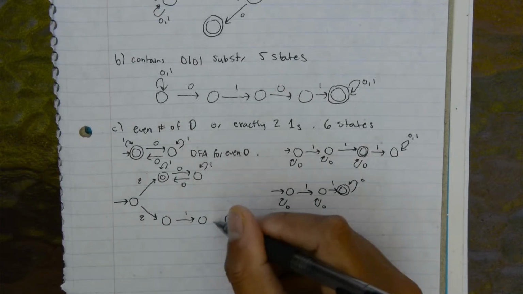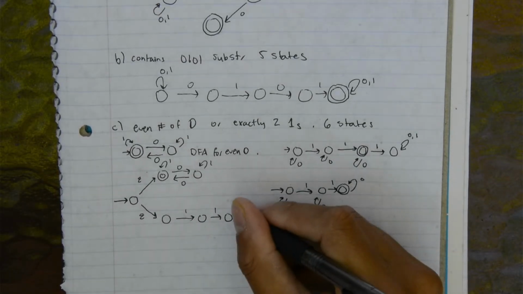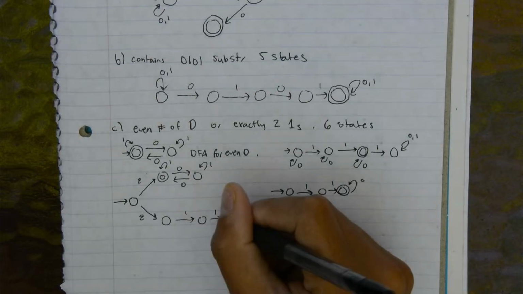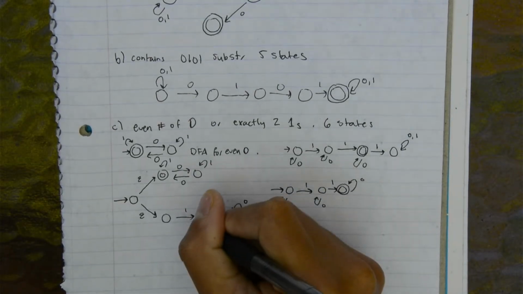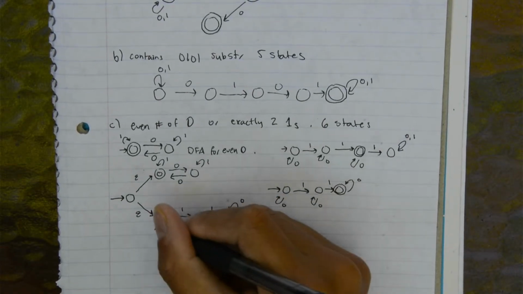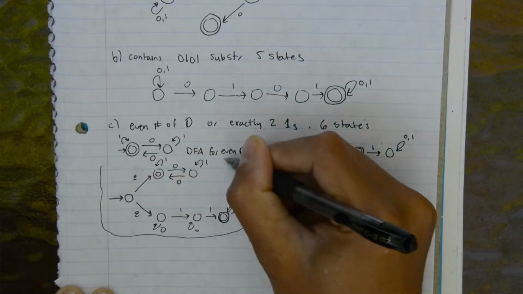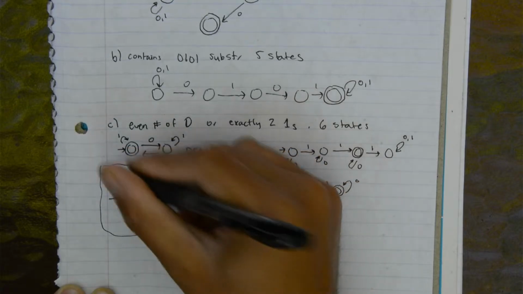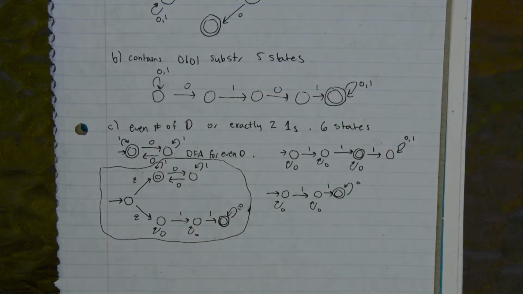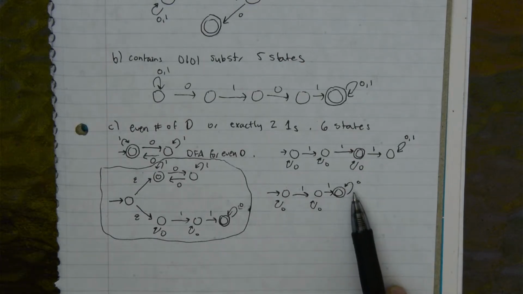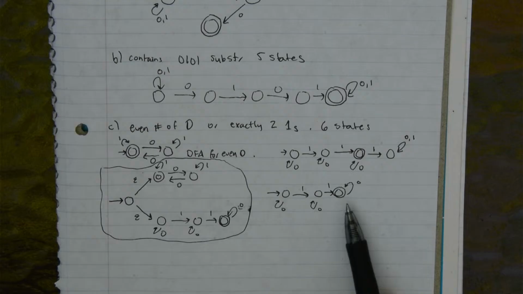You go 1, 1. You can have as many zeros as you want. That's fine. So this is my answer. Because if you have no arrow to follow, then you can't consider it to accept. So I think that this is right.